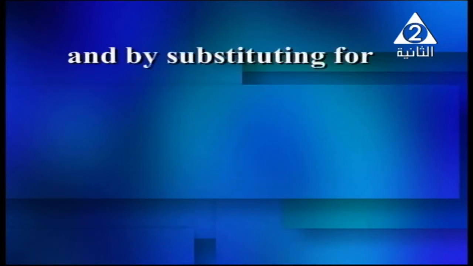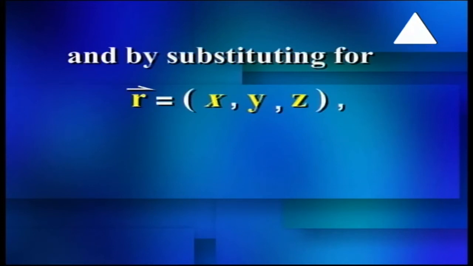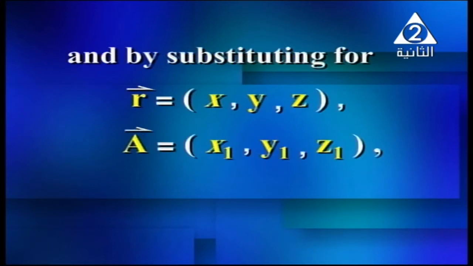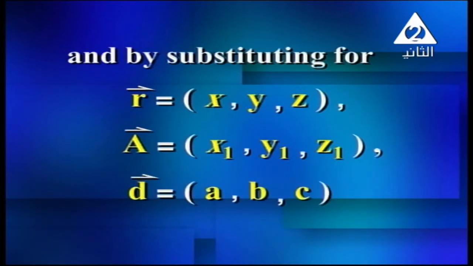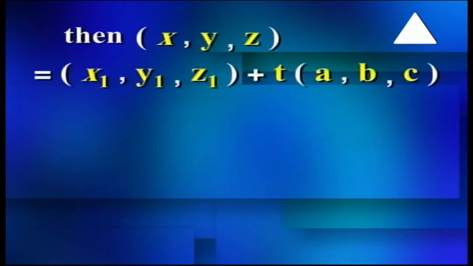By substituting r equals x, y, z, a point x1, y1, z1, and the direction vector of the straight line a, b, c, we can form x, y, z, this r, equals x1, y1, z1, this a, plus t times d, the direction vector a, b, c.